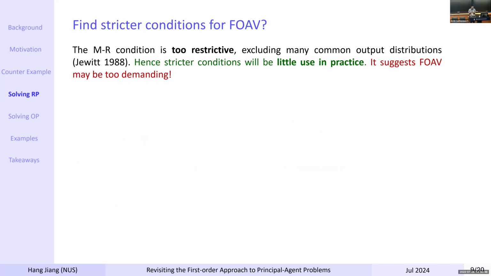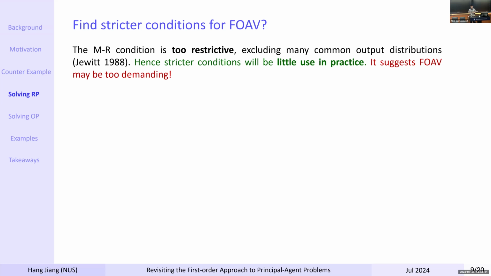This answers our first question. So an intuitive thought is that we might find stricter conditions for the first order approach for a risk-neutral setting, because the Mirrlees-Rogerson condition cannot hold, and the first order approach is very easy to use. So why not find stricter conditions? But the Mirrlees-Rogerson condition, especially the second term in the last slide, is criticized as too restrictive, and it excludes many common distributions.